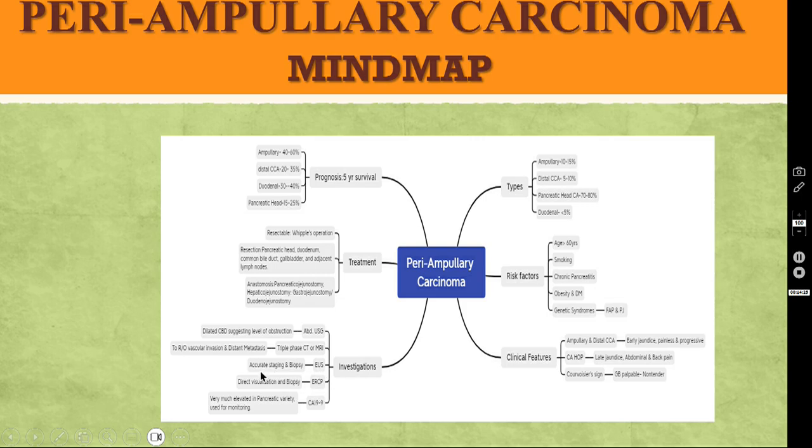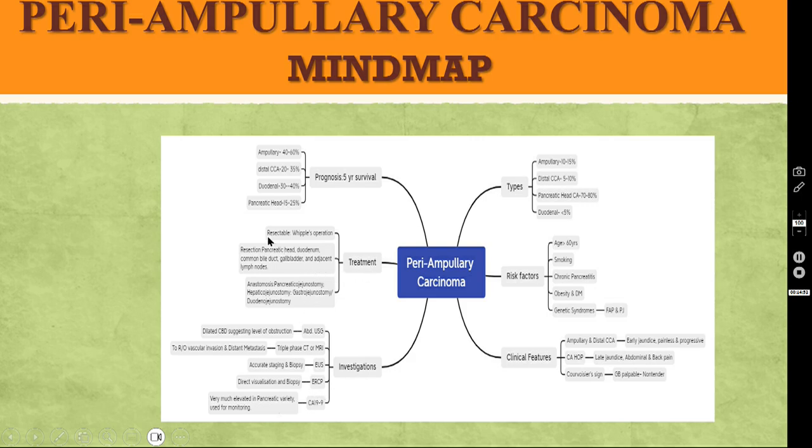EUS to do accurate staging and also taking biopsy. ERCP, direct visualization of the tumor, and we can take biopsy also. CA 19-9, very much elevated in the pancreatic variety, is used only for monitoring purposes or surveillance.